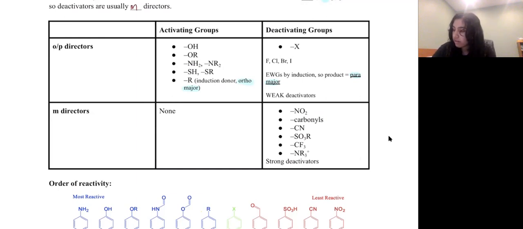And then this last category, the deactivating groups that are meta-directors. These are the groups that you can't do a Friedel-Crafts reaction with.